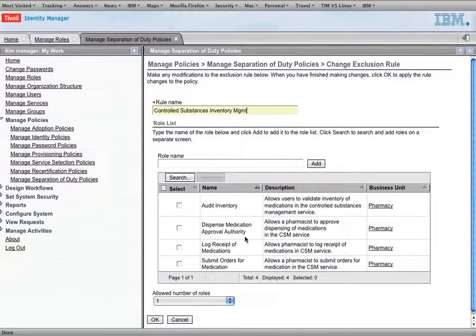And concretely, we're going to demonstrate how somebody, Judy Hill, who belongs to this role, Dispense Medication Approval Authority, is going to be given Log Receipt of Medication. So we're going to incur a separation of duty violation. And we're going to see how the tool allows you to detect that, deal with that, and manage exceptions.